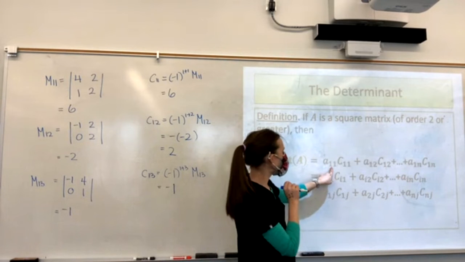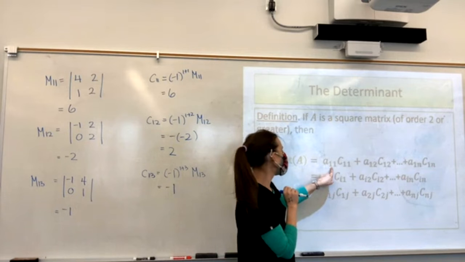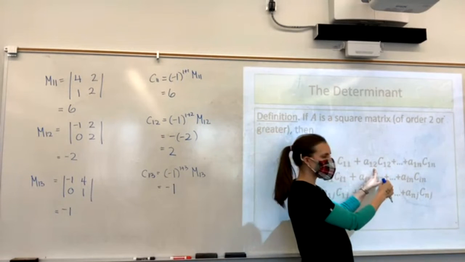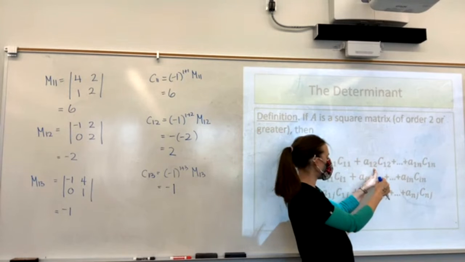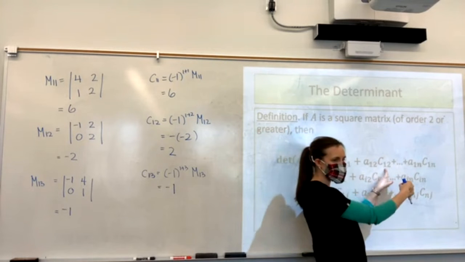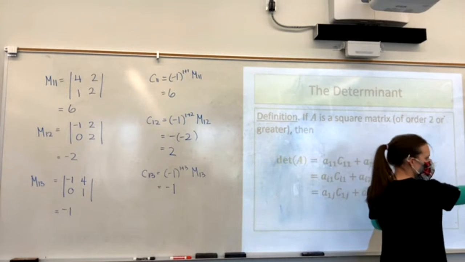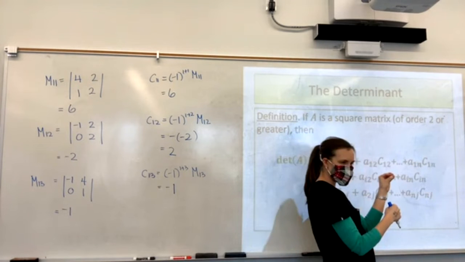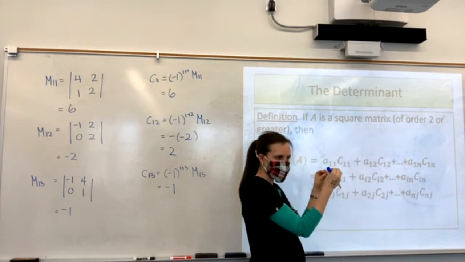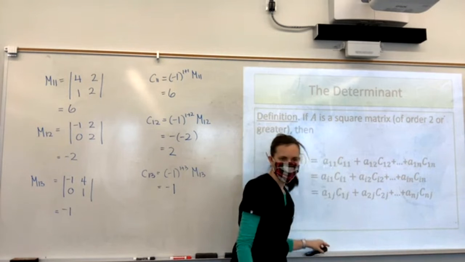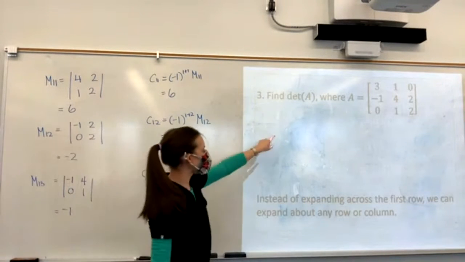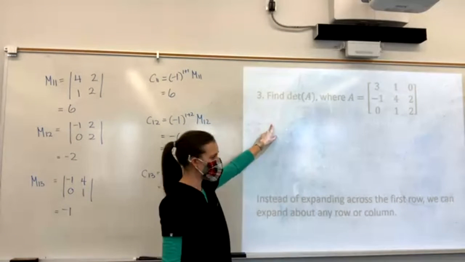What it says is take your very first entry, A11, times its cofactor, plus the next entry in the first row, A12, times its cofactor, and keep working your way across that first row. Every entry you come to, you multiply it by its cofactor, and then add the whole thing up. All right, so let's do that. This is the exact same matrix we had in example 2.